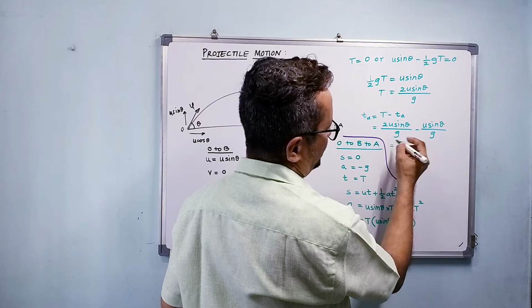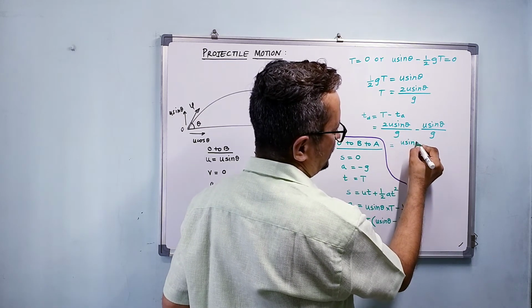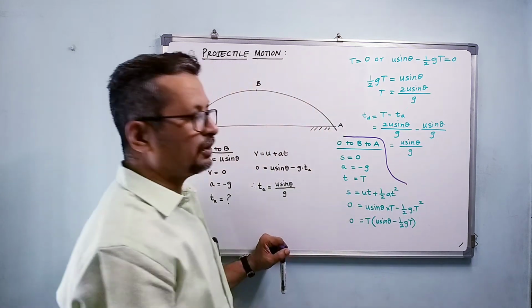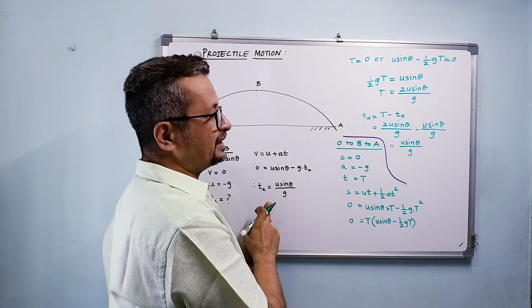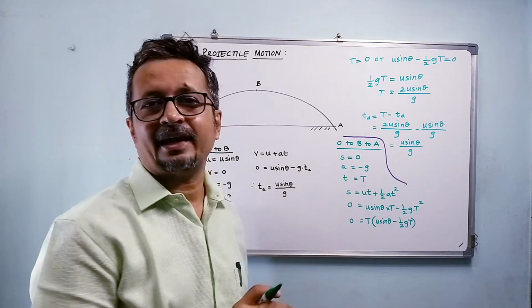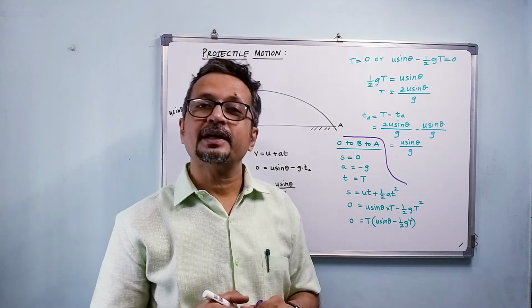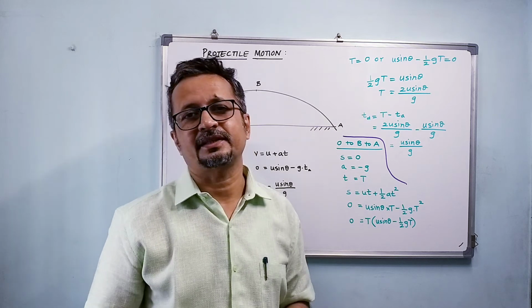So that would be equal to u sine theta upon g, correct. So now here you will notice one thing, that my time of ascent and time of descent have the same magnitude, correct, and total time of flight is double the time of ascent or double the time of descent, right.